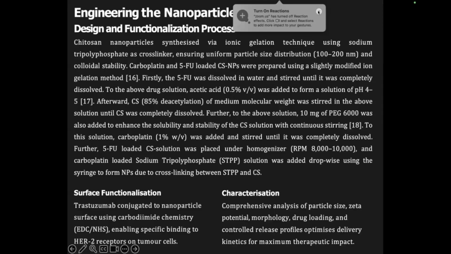Afterward, chitosan of medium molecular weight was stirred in the above solution, and further 10 mg of PEG 6000 was also added to enhance the solubility and stability. After continuous stirring, carboplatin was added and stirred until it completely dissolved. Finally, the 5-fluorouracil loaded chitosan solution was placed in a homogenizer, and the carboplatin loaded sodium TPP solution was added drop-wise using a syringe, and nanoparticles were formed.